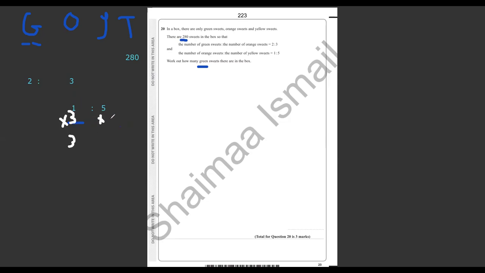As we do this, we have to multiply the second ratio as well, so as not to change the ratio itself. So now it is 3 and 15, and we can write it here: 3 to 15.